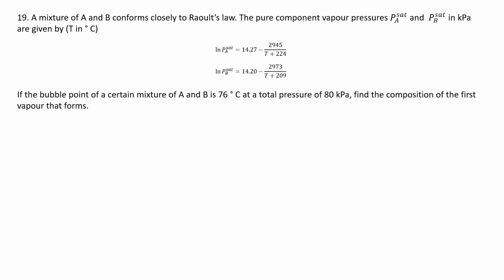If the bubble point of a certain mixture is 76 degrees Celsius at a given total pressure of 80 kilopascal, find the composition of the first vapor that forms. So temperature is known and P is known.